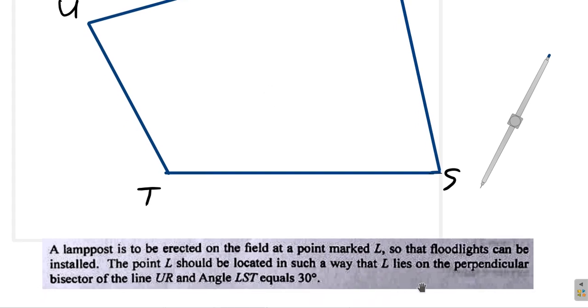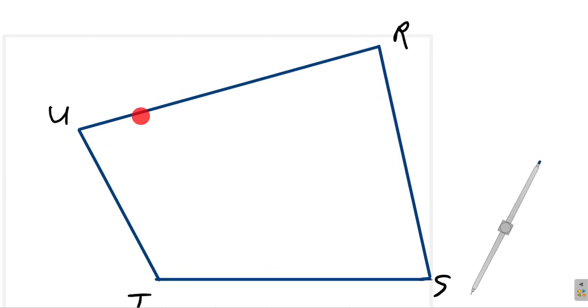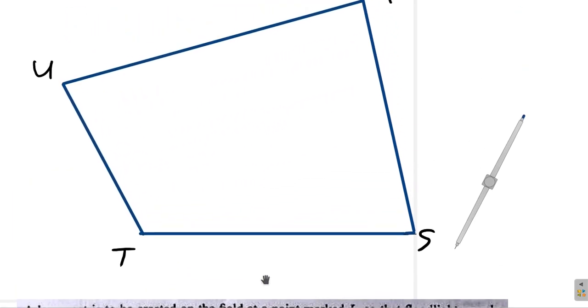So let's say L should be located in such a way that L lies on the perpendicular bisector of UR. So you're going to have the perpendicular bisector of UR and it should intersect something else. It says UR and the angle LST equals 30 degrees.